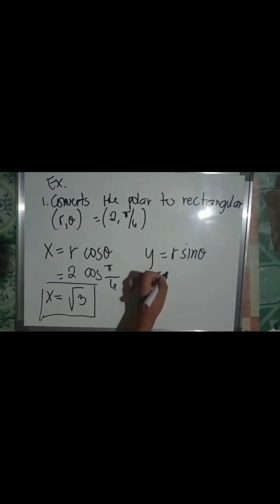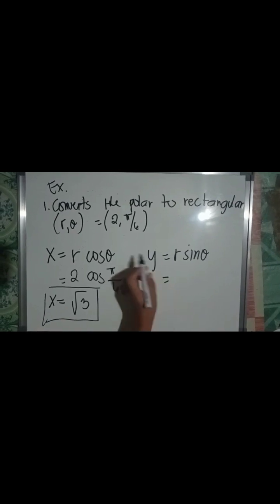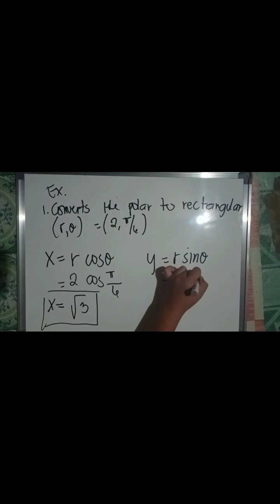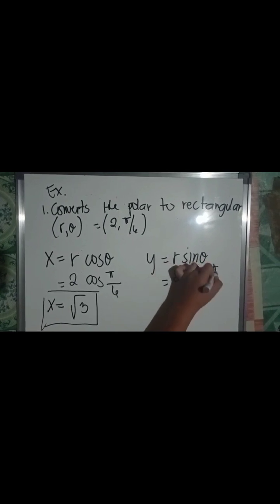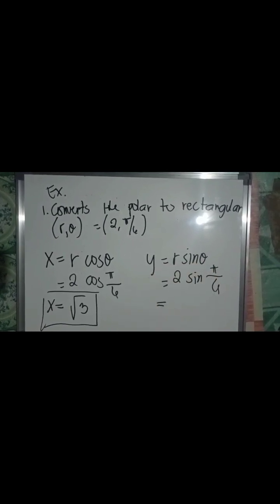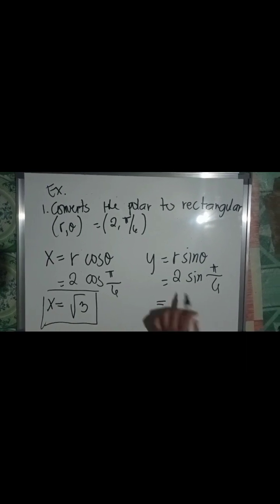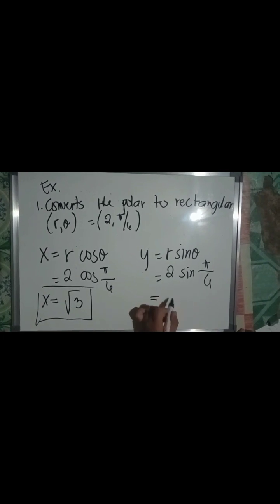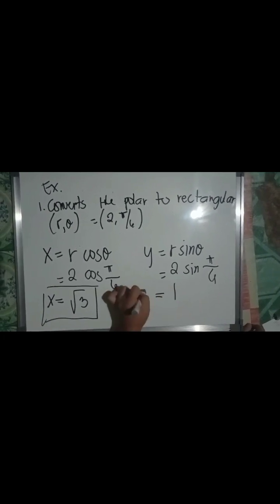And for our y, do the substitution of r, which is 2, with sine, then the theta, which is pi over 6. 2 times sine of pi over 6 would be 1.